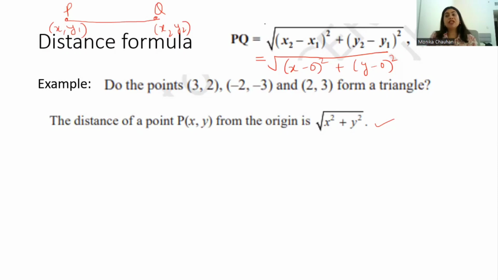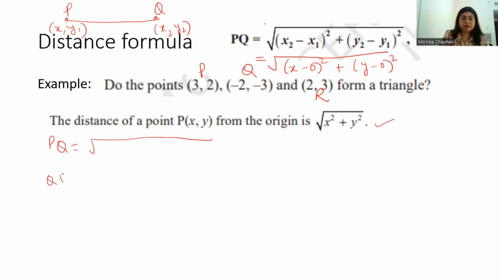First of all, we need to find the distance between all of them. We can assume the first coordinate be P, the second be Q, and the third be R. We will find the distance between all those three. First is PQ, then QR, and then RP or PR.